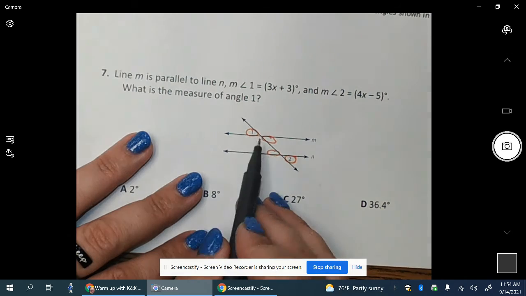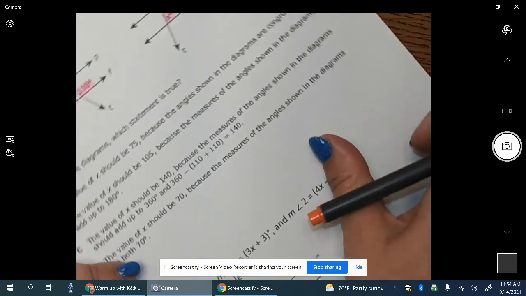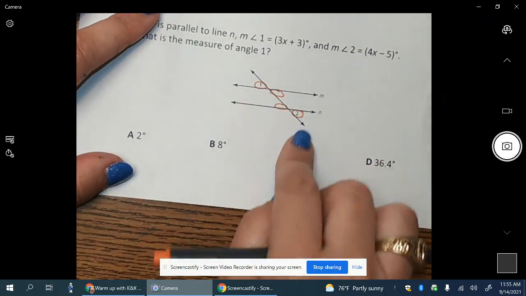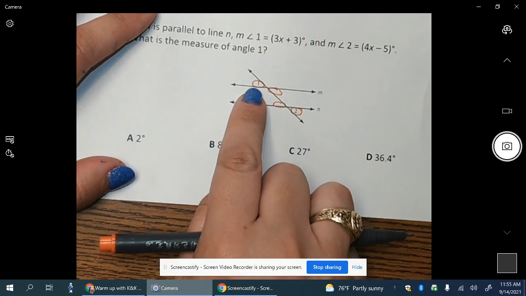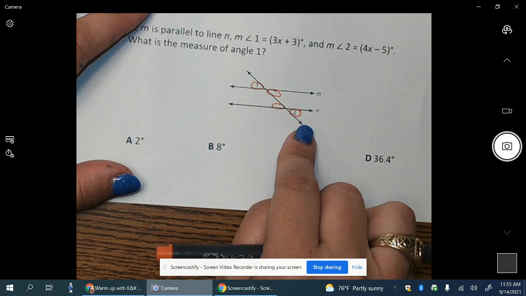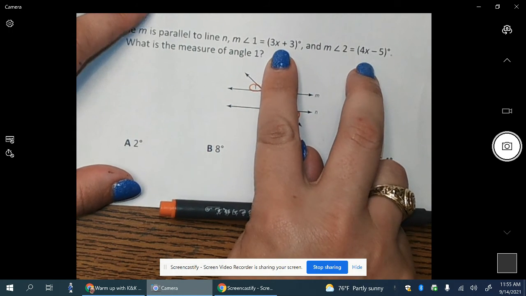But also, if you take 5 seconds and label these, and if it confuses you, turn your paper like this. The first thing you need to do every single time is to label the ones that are congruent. Okay, I circled 1 and I circled 2. What does that mean? They're congruent. Yeah, they're the same. So then what do I do with these two equations?